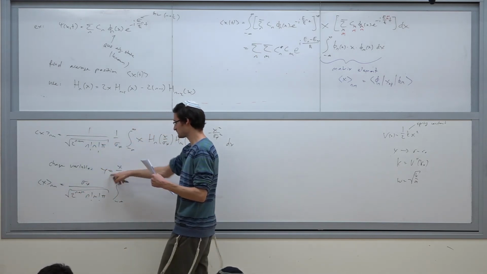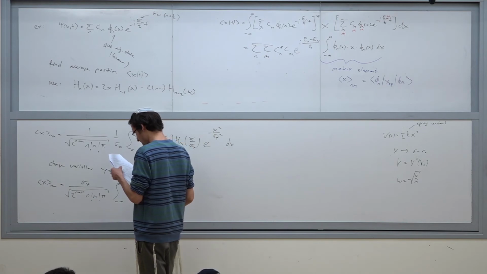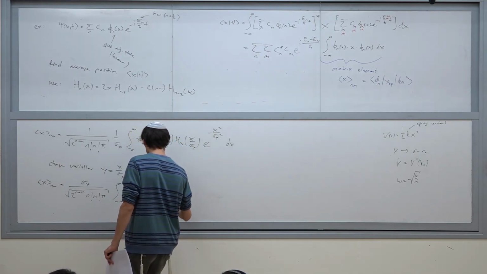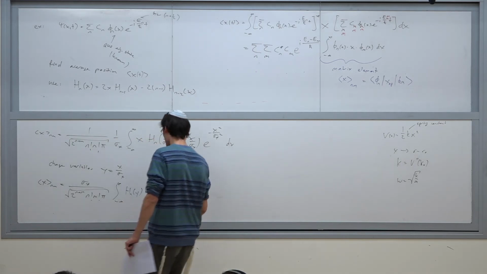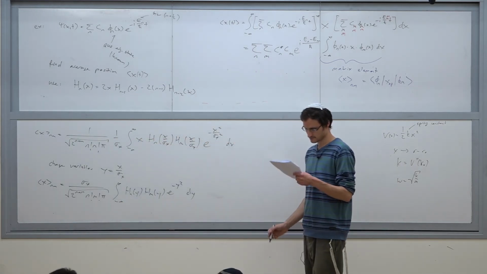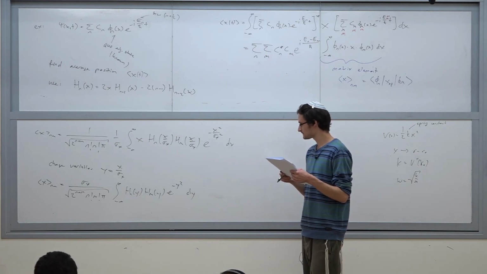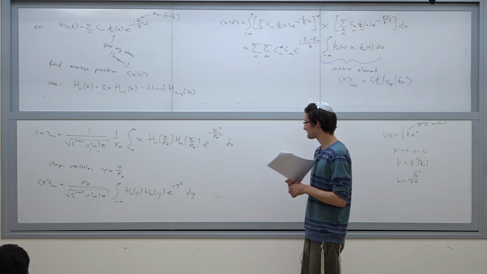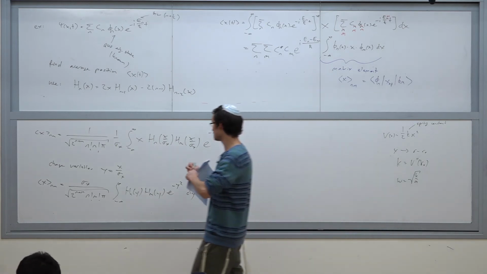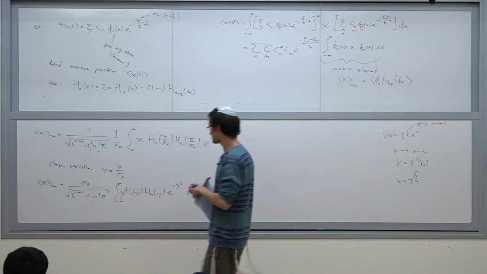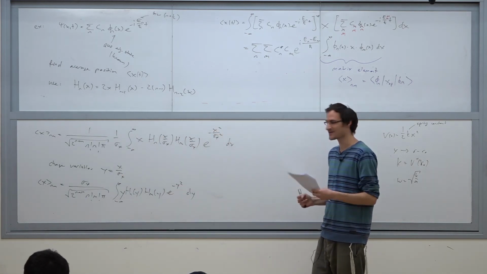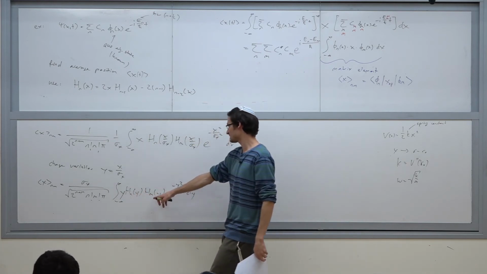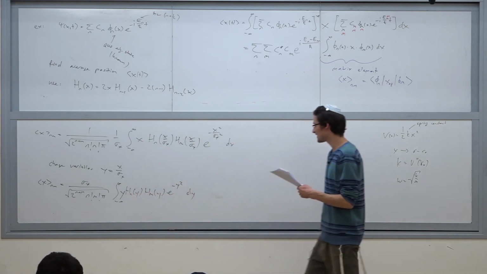There's an Hn of y times an Hm of y times e to the minus y squared dy. Now you see exactly why I did this. There should be a y in here as well, you're right. That's what messes up the orthogonality. So there's a y times Hn times Hm times e to the minus y squared dy.